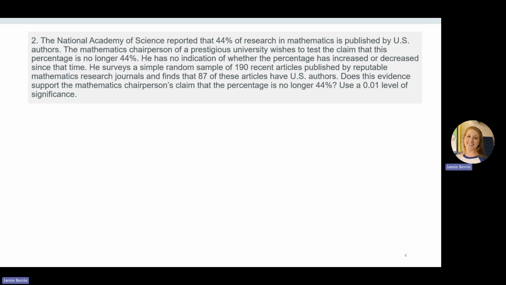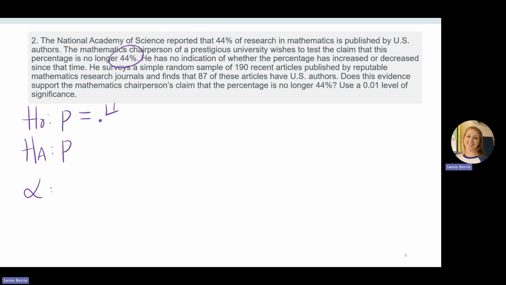All right, so H0, whoop, wrong one. H0, HA, alpha. All right, so again, we did not see the word mean anywhere in here. We're dealing with percentages, so we think this is a proportion, so we're going to do P. Null hypothesis gets the equal to.